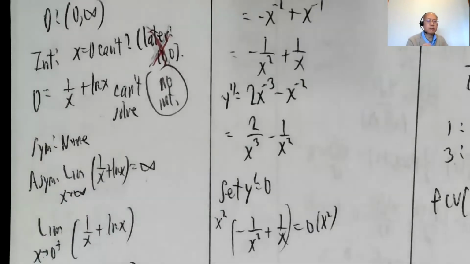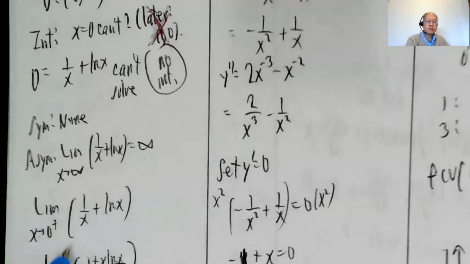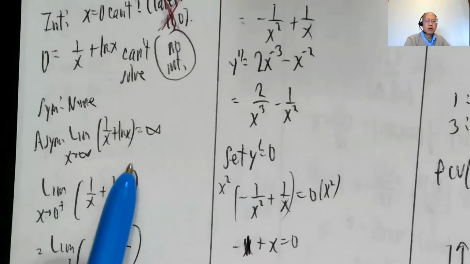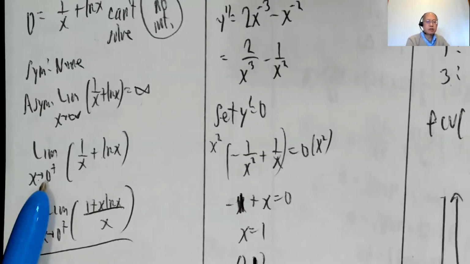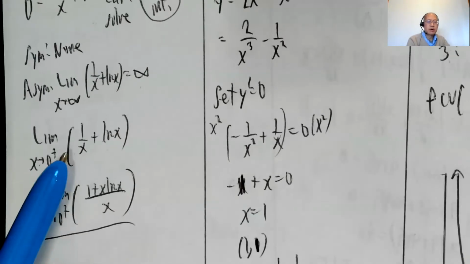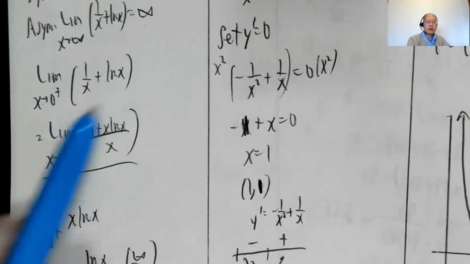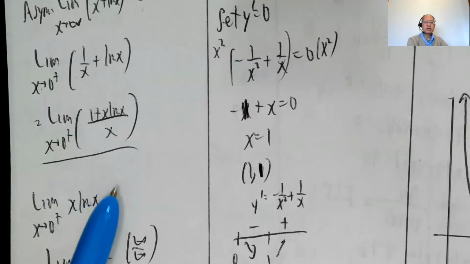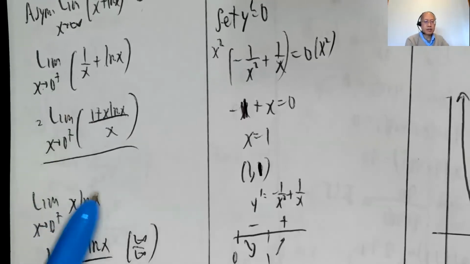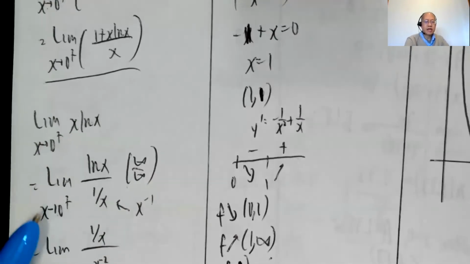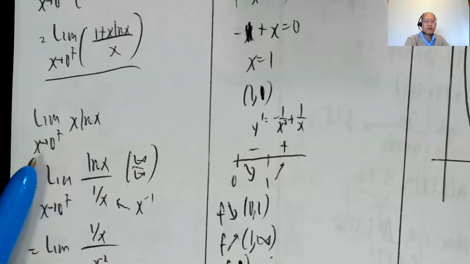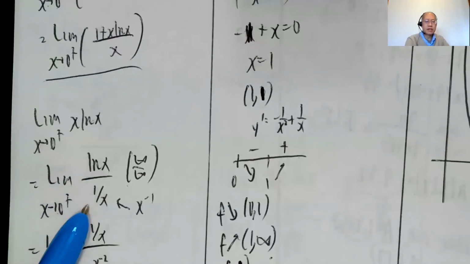Okay, symmetry, there's no symmetry. Asymptotes: when x approaches infinity, y approaches infinity. As x approaches 0 from the right, I can rewrite this as the limit as x approaches 0 from the right of the common denominator (1 plus x ln x) over x. I need to know what happens to this limit. So the limit as x approaches 0 from the right of ln x over 1 over x.